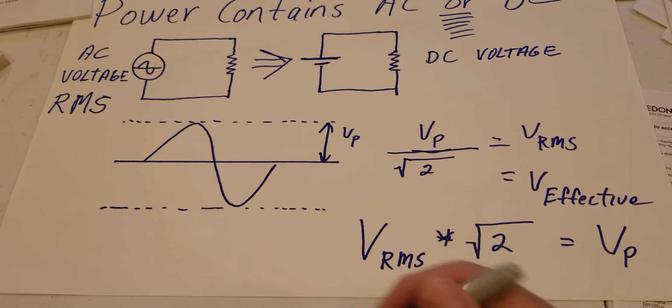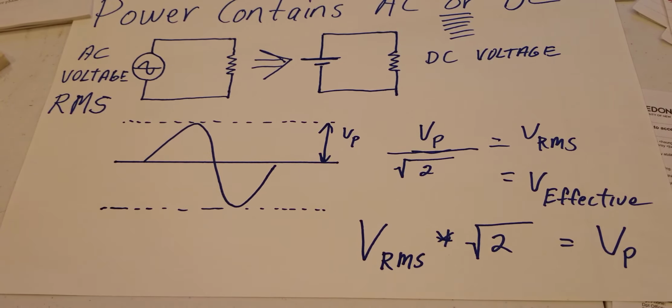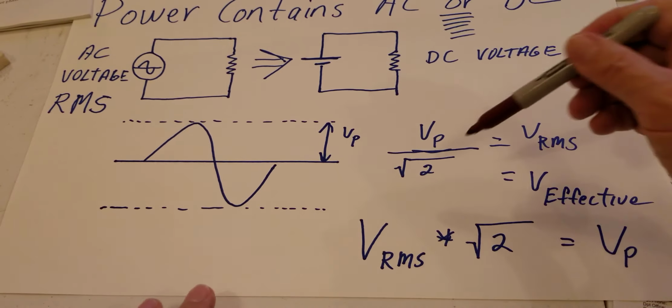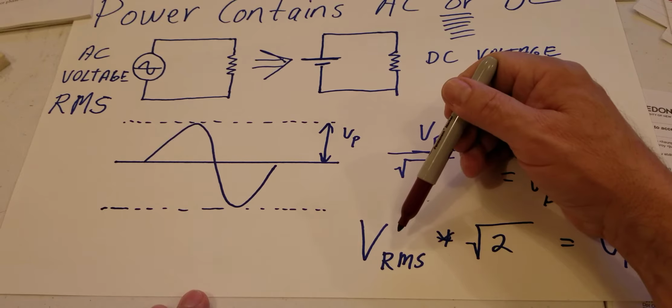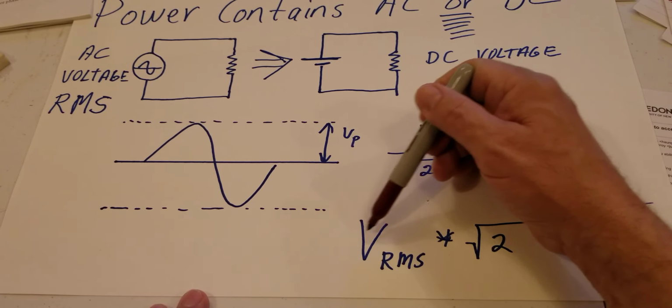So if I have a 12 volt battery, DC, that we're pretending, that I'm heating a resistor with, this is the power equivalent. This is an AC voltage. RMS is AC.